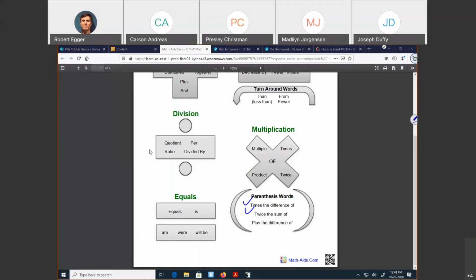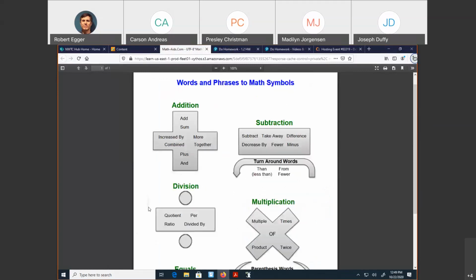And of course, from these you'll have something on the outside, plus the difference of, something like 5 plus the difference of a number and 2. Something like that. So feel free to print this out and have it as part of your notes.